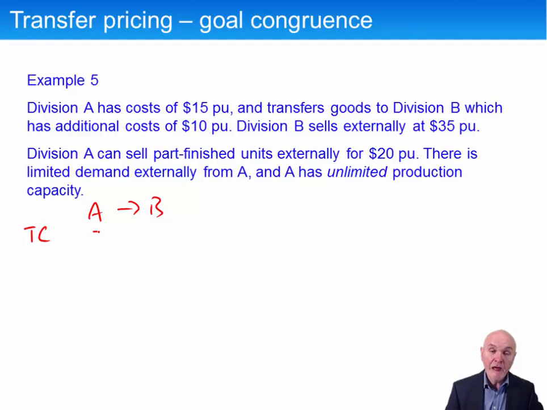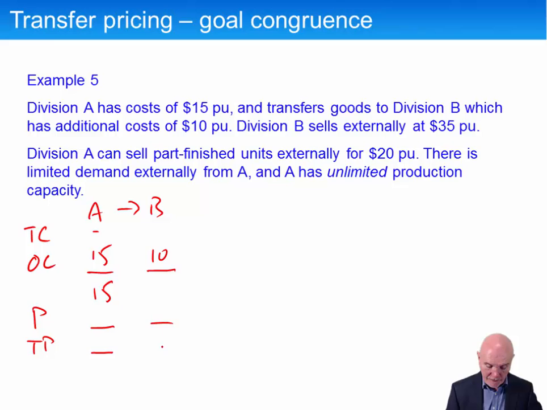It'll not be anything for A, it'll be something for B. We have our own costs, 15 for A and 10 for B. A little bit of profit, and then we will have the transfer price. Down here we have the final selling price. B sells externally at 35 per unit.